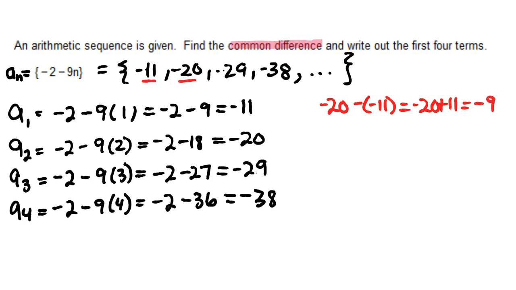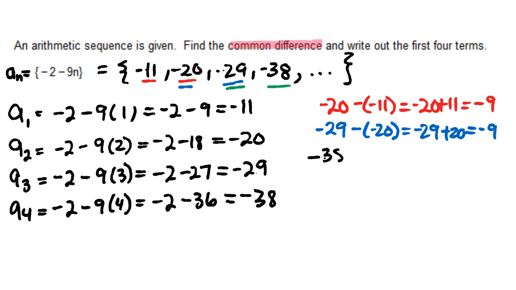And if we take a look at the next 2 terms and take their difference, that's negative 29 minus negative 20, which is negative 29 plus 20, and that's negative 9. If we take a look at the next pair of terms, we have negative 38 minus negative 29, which is negative 38 plus 29, and that equals negative 9.